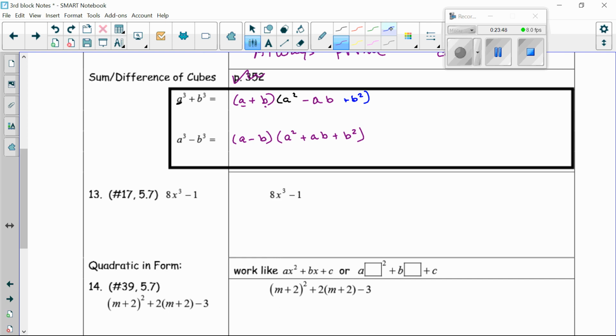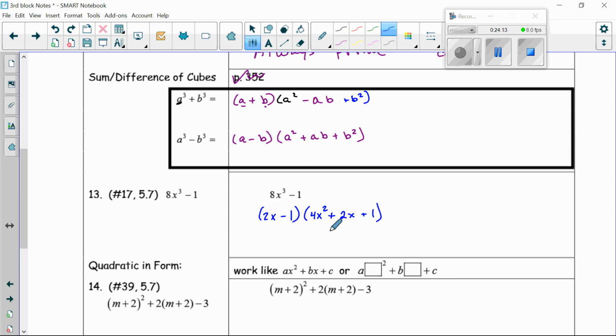Okay, so the cube root of 8 is 2, the cube root of x cubed is x, same sign, the cube root of 1 is 1. Square the first term, so 4x squared. Opposite sign, product of the two is 2x, square the last term.